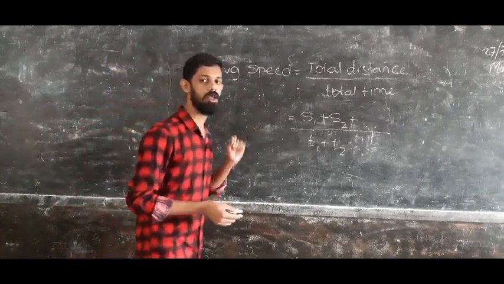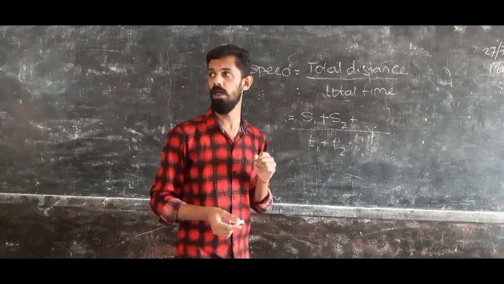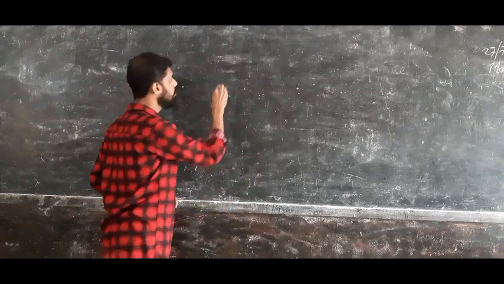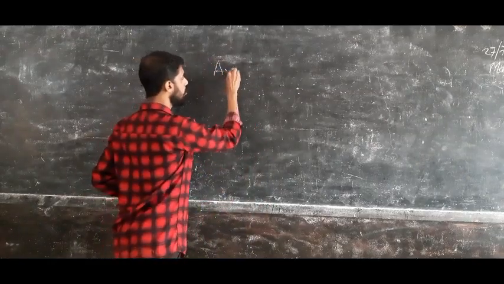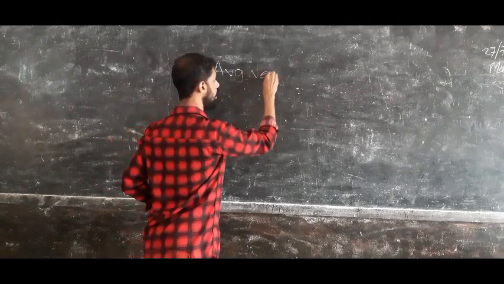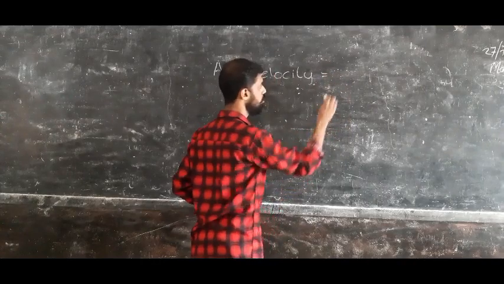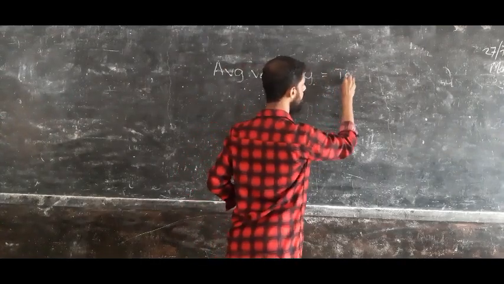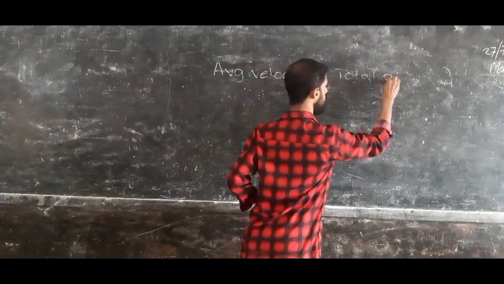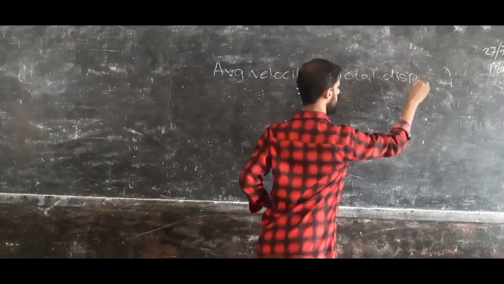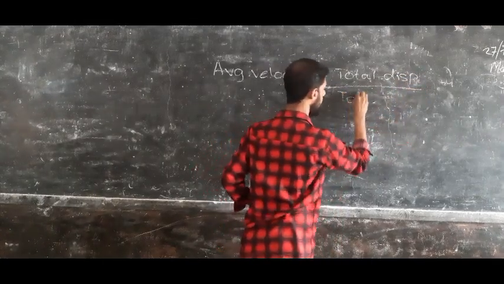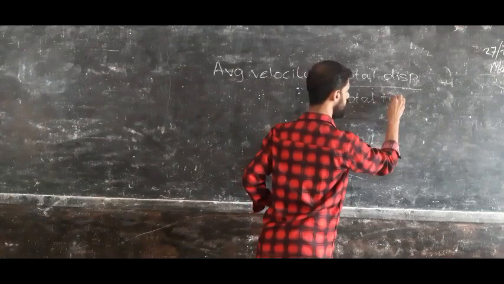Now we will see the equation for average velocity. Average velocity equals total displacement divided by total time taken.